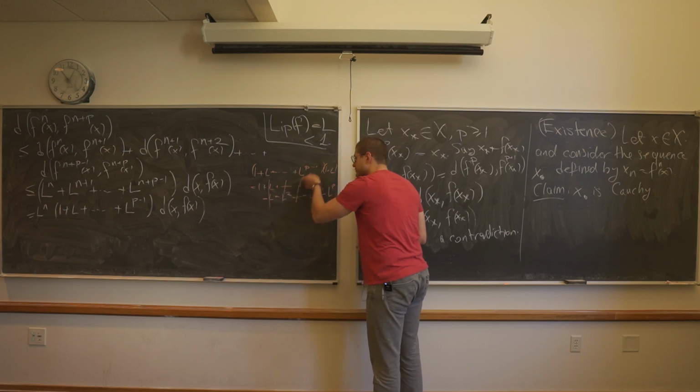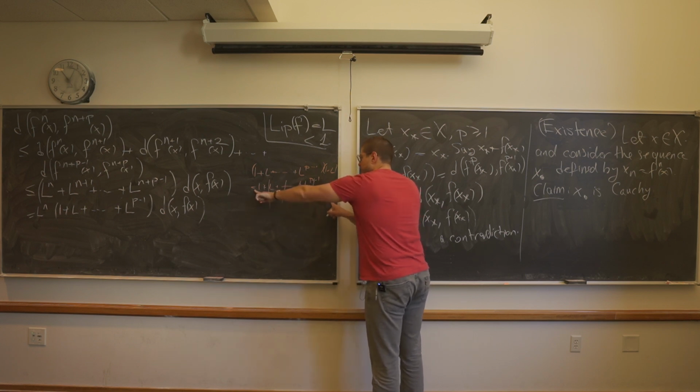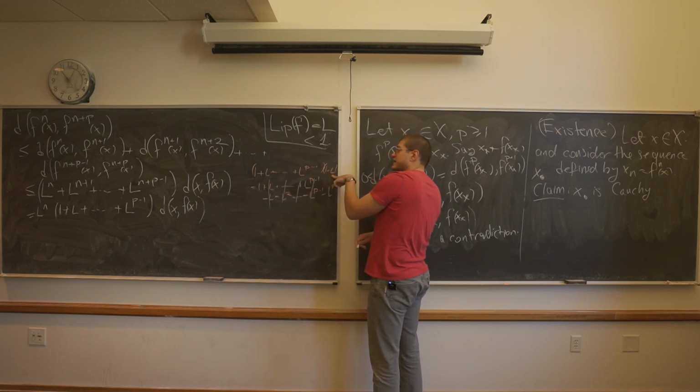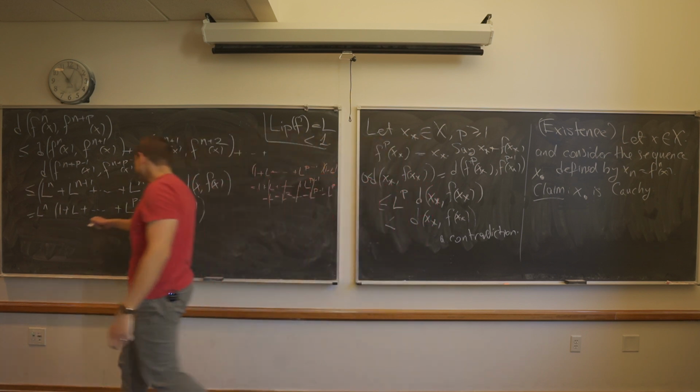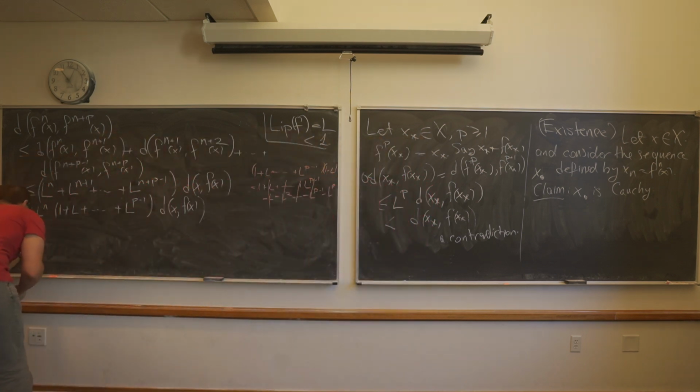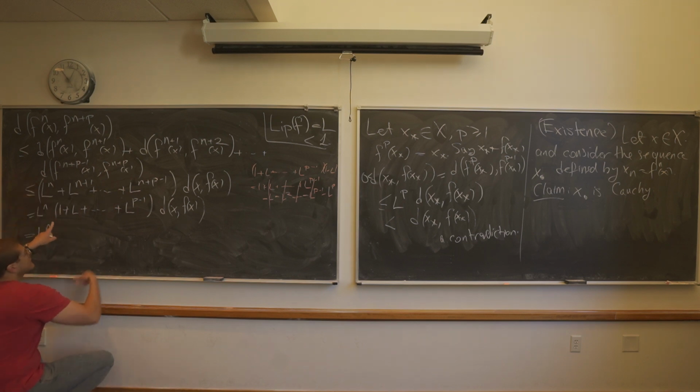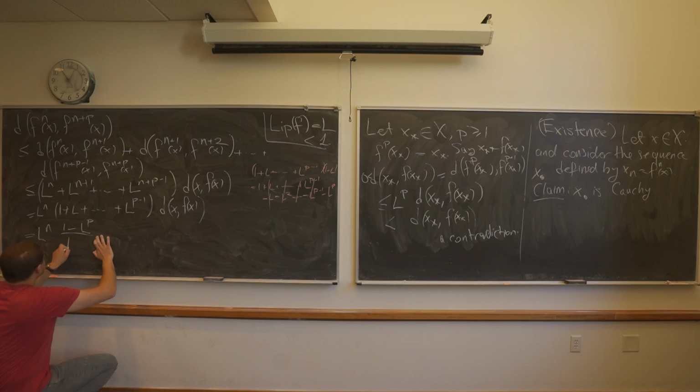The middle terms cancel out, and you're left with 1 minus L to the p, but you've multiplied it by originally the expression 1 minus L, which means that this is exactly L to the n, and the middle term is 1 minus L to the p divided by 1 minus L. And then I have this factor.